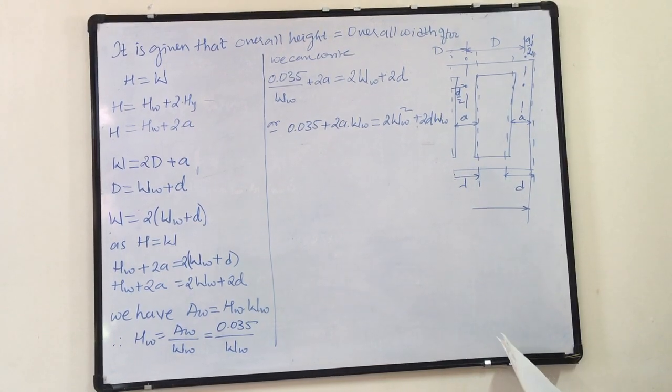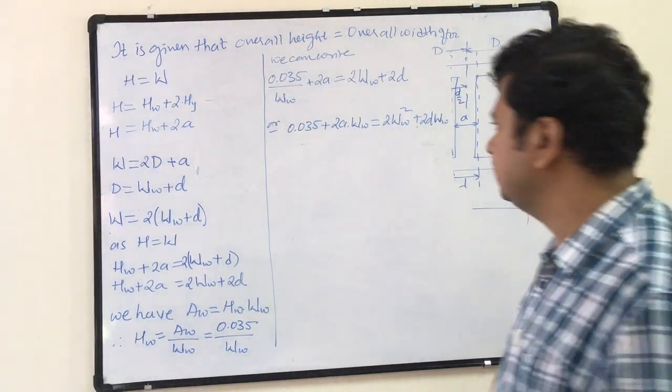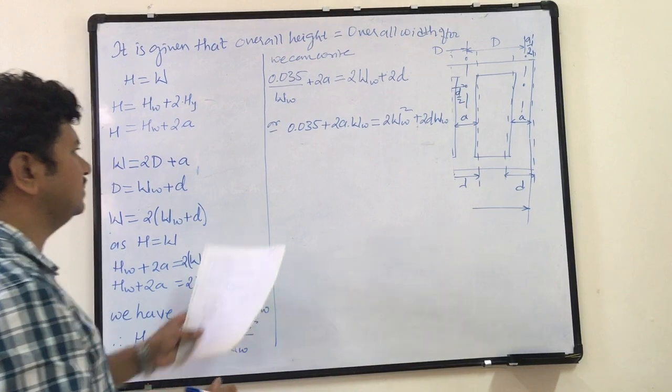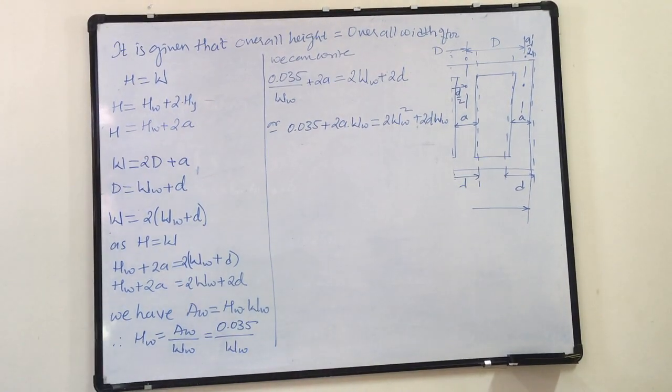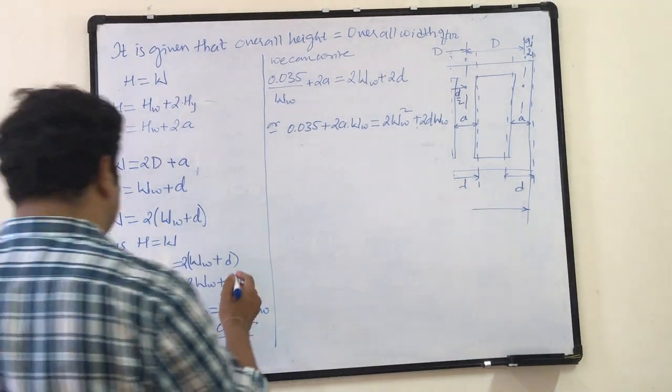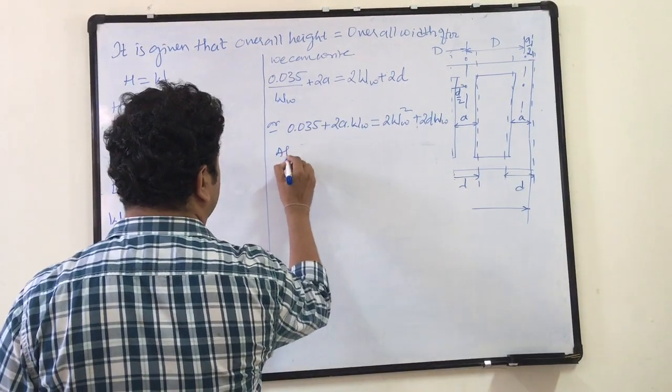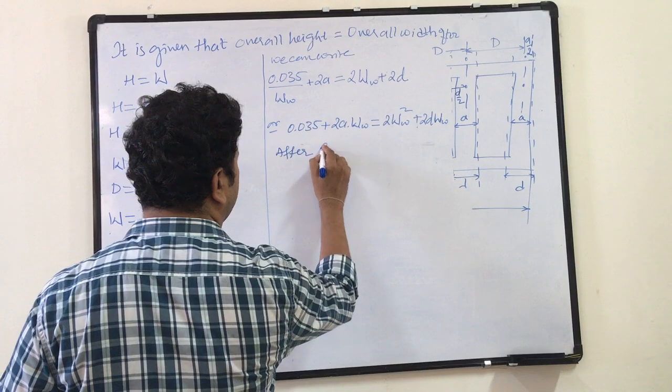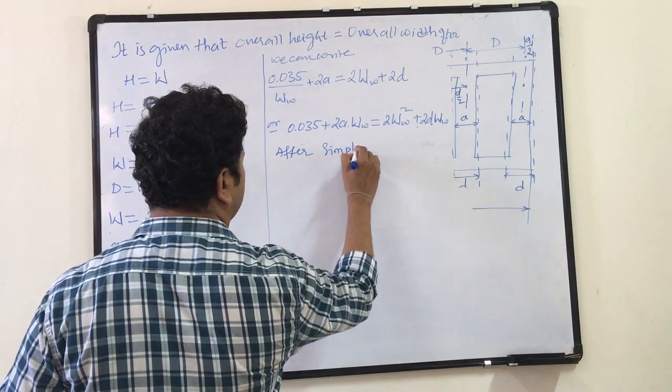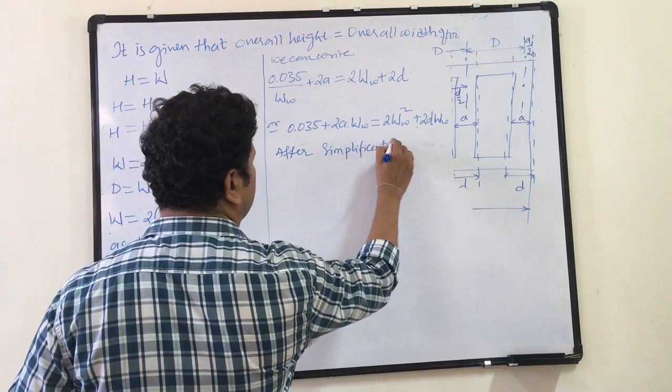After rearranging the terms and solving this, I will write the direct equation. And this is a simple quadratic equation. Okay, it is a quadratic equation in width of window. So after simplification, you please do that.